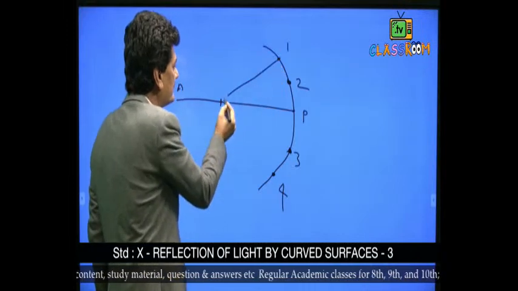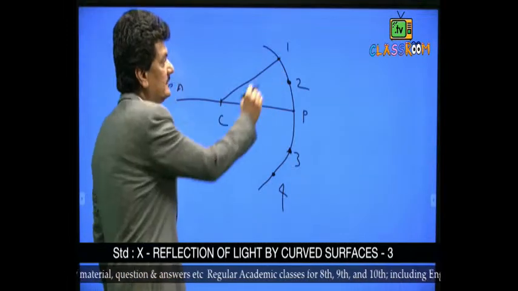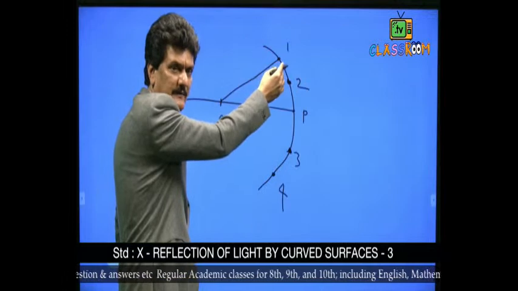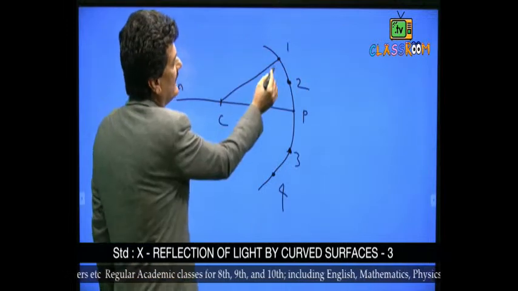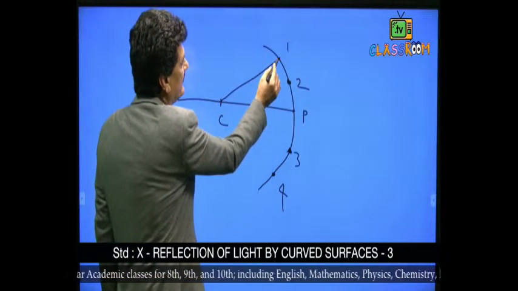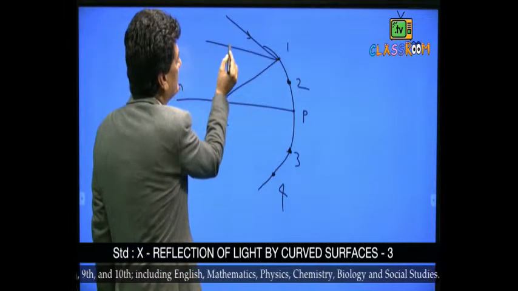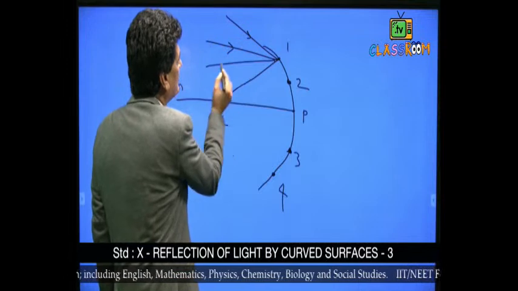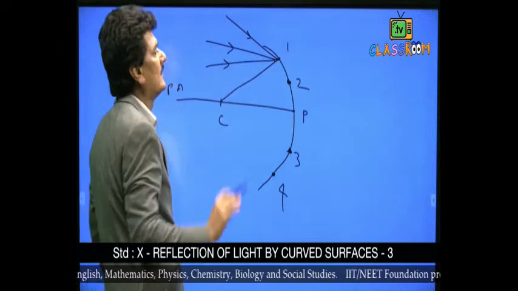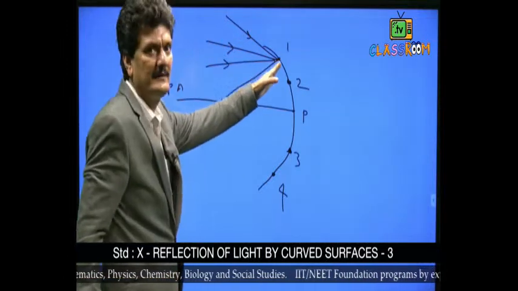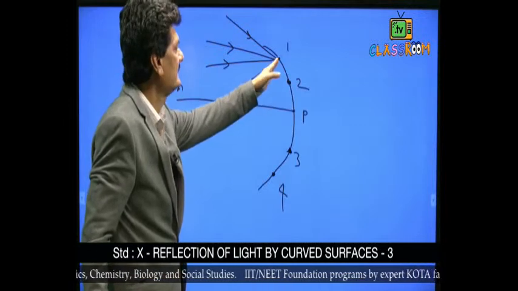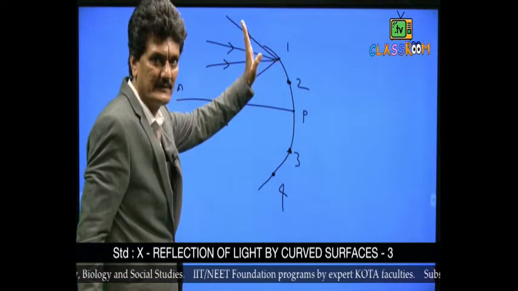So we have already seen we should just join the point of incidence with the center of curvature. So here we have, this is the normal at point of incidence 1. Now as I was telling you, at this point the incident ray might be coming like this, it might be coming like this, it might be coming like this. In whatever way the incident ray is coming, the important thing is the incident ray has struck it there.